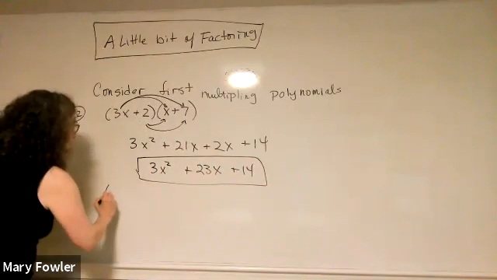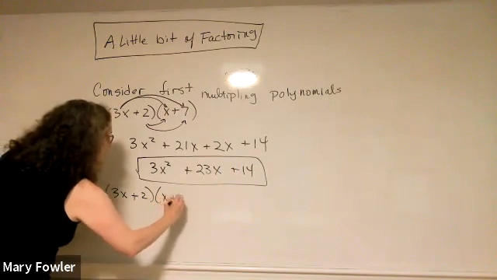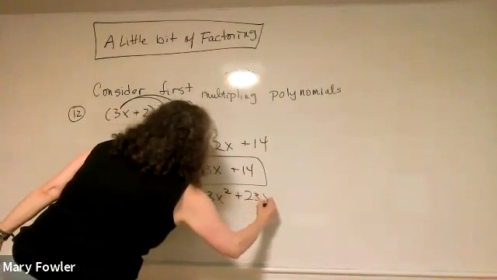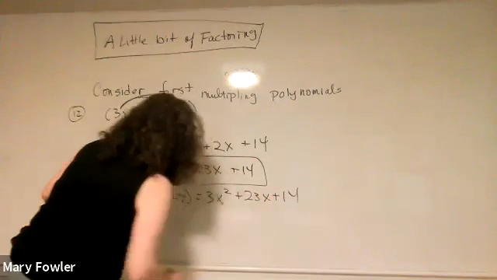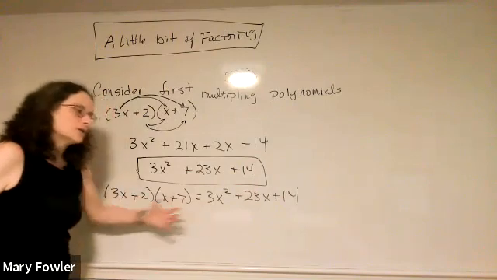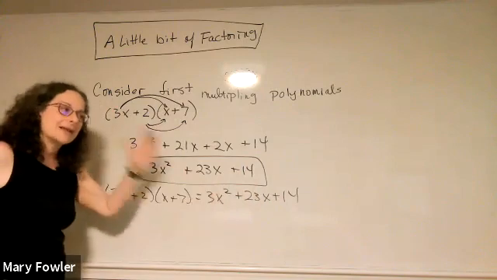Really, what I was interested in here is to note that when we go from left to right, we're distributing, we're multiplying, we're using FOIL, however you like to think about that.